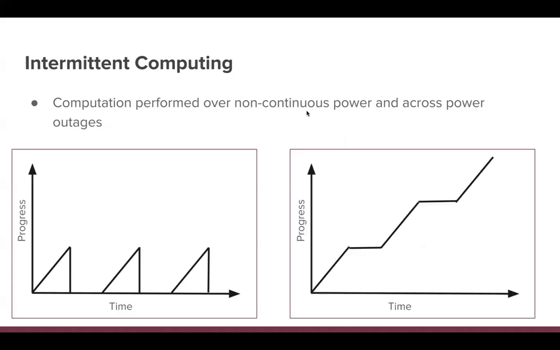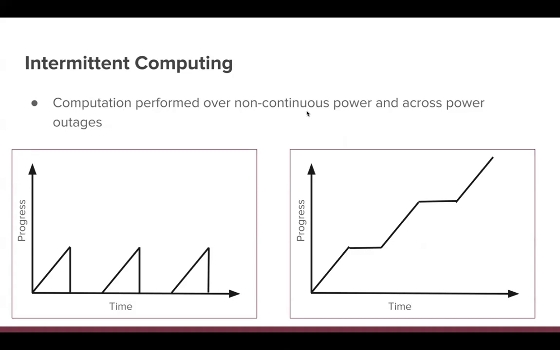However, an intermittent computing system differs from a continuous power computing system in this way. An intermittent computing system would start from zero progress and continue and make some progress while energy is available in the capacitor.